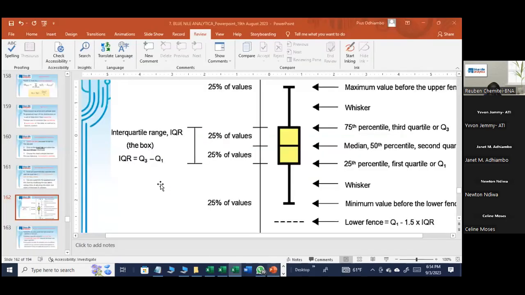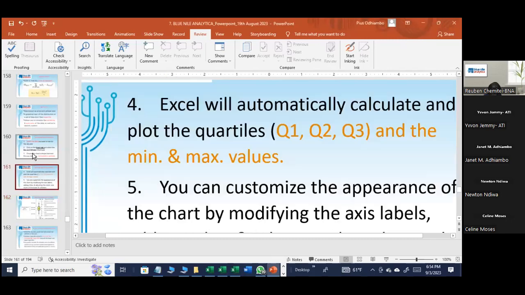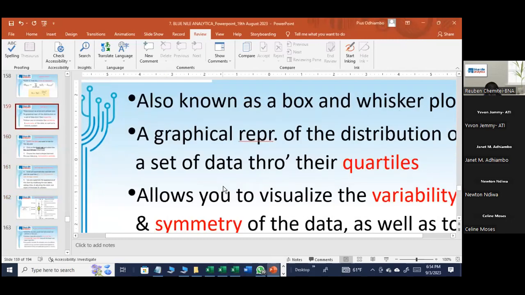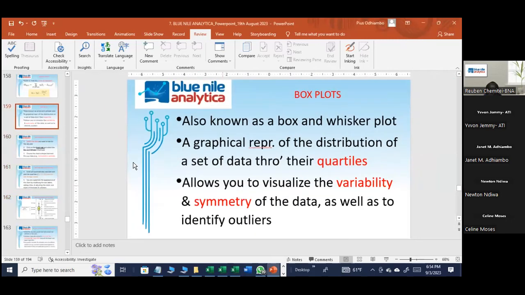Now, for us to be able to conduct box plots in Excel, what you basically do is you select the data. Okay, you select the data. In point number 1, you select the data that you want to use for the box plots, and once you select, you will use the box and whisker, which of course is a functionality within data analysis tool. Okay.